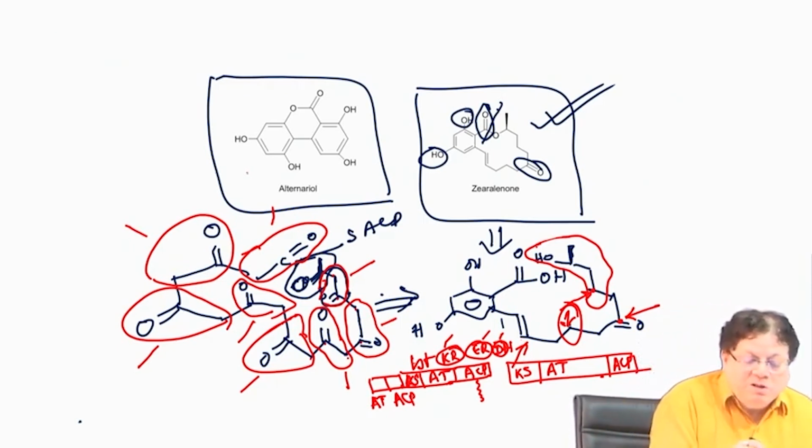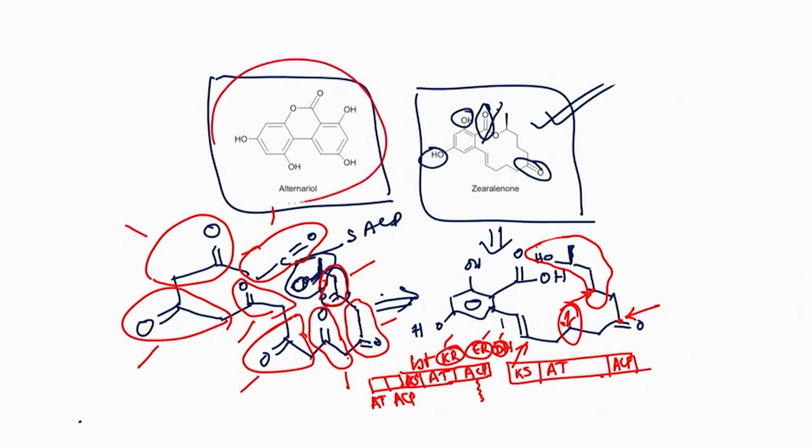If you want to do this for this compound, this is another secondary metabolite, again you find out where is the carboxy. Again there is a lactone here, that means there is a carboxy here. So, that will be a carbonyl, this will be another carbonyl, and then it goes like this.